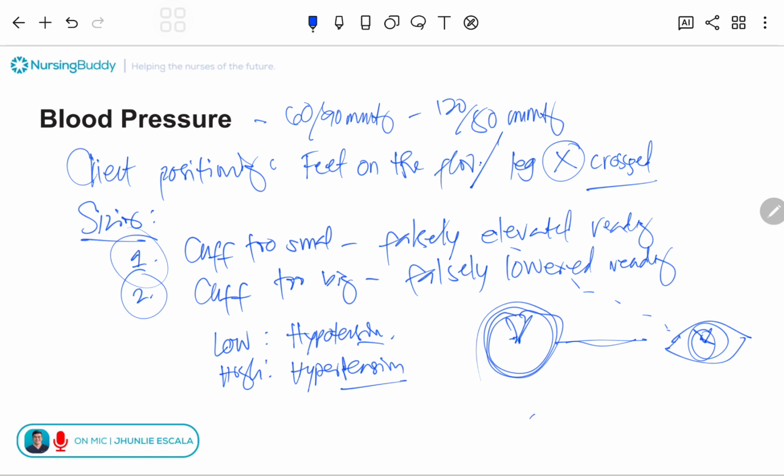If it is way lower, that's another alteration. So according to Kozier-Berman and Snyder, it must be at the eye level. Why? Because kapag ginawa natin na hindi naka-eye level, there would be what we call your error of parallax. That's something, kapatid, na we don't want to happen because it's an alteration of your blood pressure taking. Okay? So, remember that one.